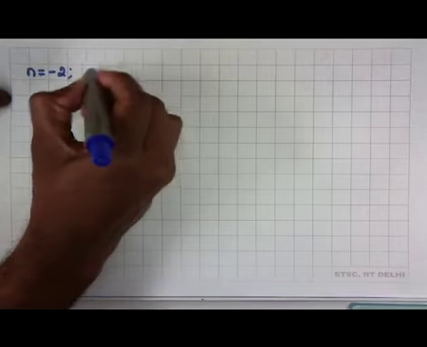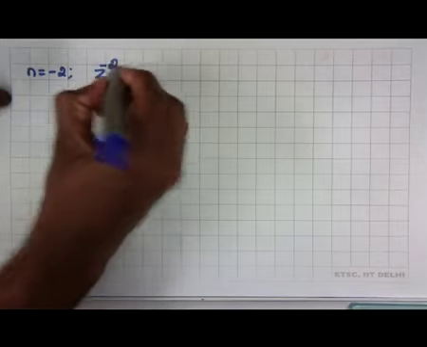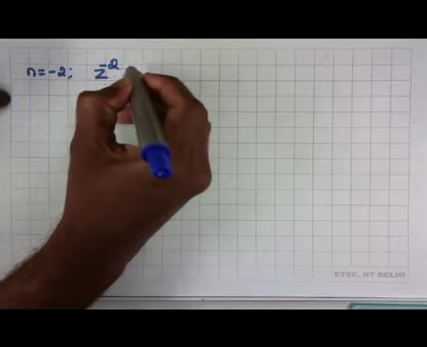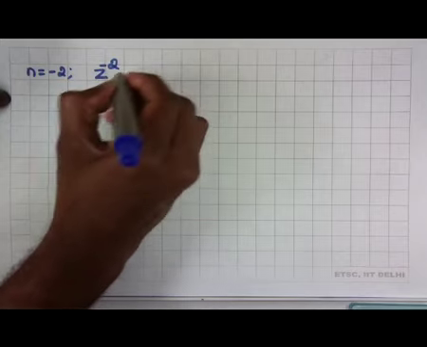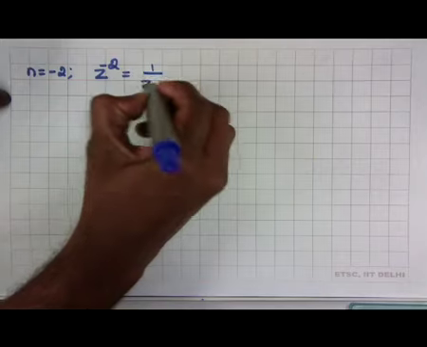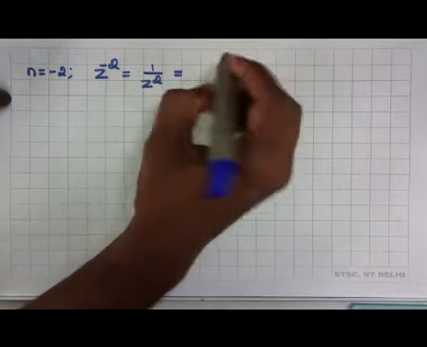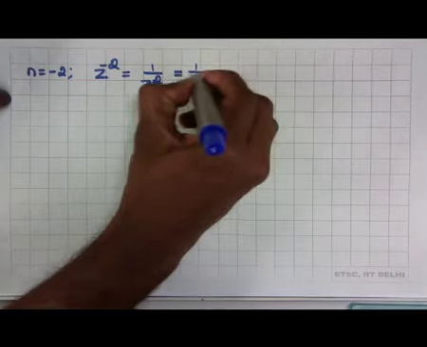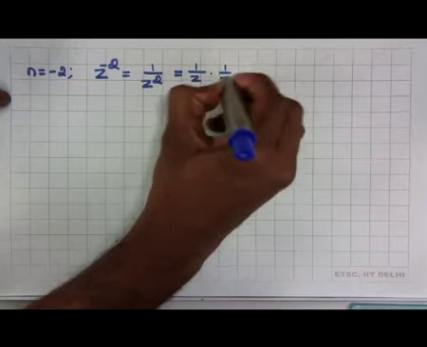By doing this in a similar manner we can verify z power minus 2, which is nothing but 1 by z square, which is 1 by z into 1 by z.